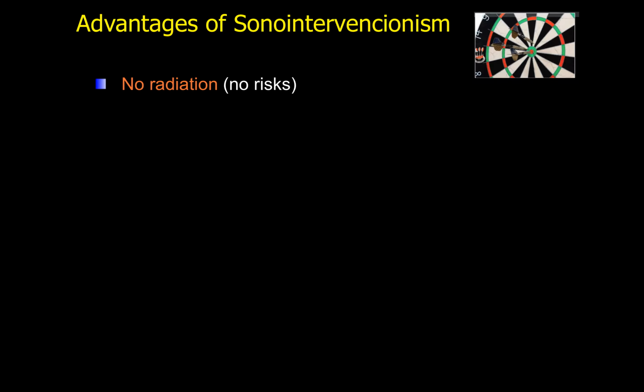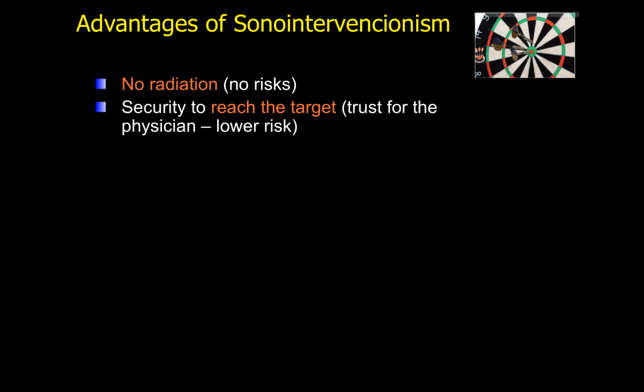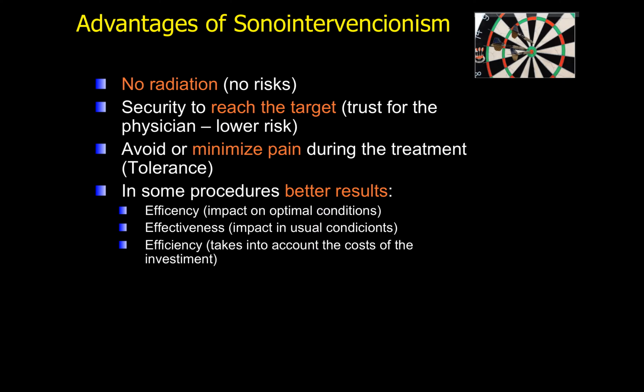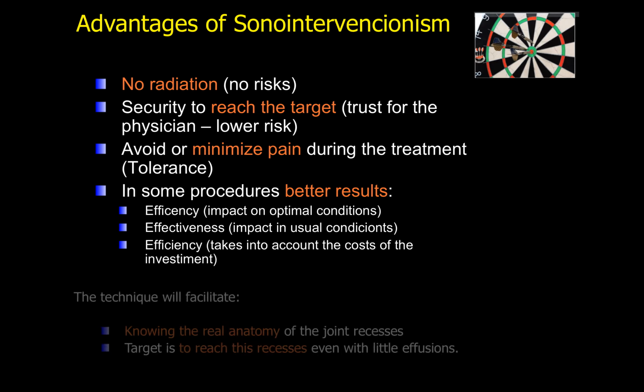There is no radiation. The security to reach the target is higher. This is a real trust for the physician and also for the patient. We can avoid or minimize the pain during the treatment. The tolerance is bigger, and in some procedures the results are clearly better.